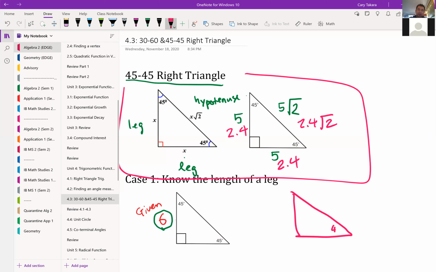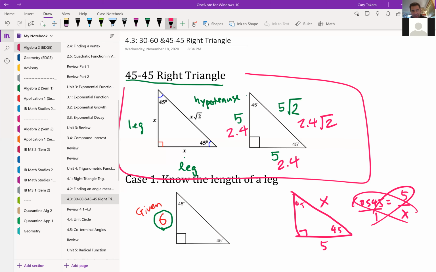if it's a 45, then the other angle is going to be 45 too. Let's say you have x, this is 5, this is x. I mean, you could set it up as cosine of 45 equals 5 over x, and then you can just solve it the way that we've done.